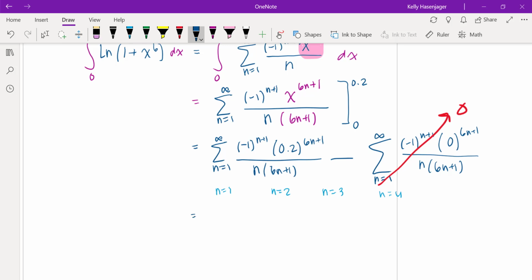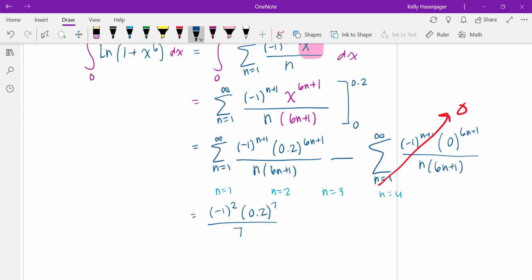Okay. So when we evaluate the sum and we first plug in 1, we're going to get -1 to the 1 plus 1, which is squared, and then we'll get 0.2, we're still on n is 1, 0.2 to the 6 times 1, so 6 plus 1, so to the 7th power, all over n is 1, so 1 times 7, so 7.